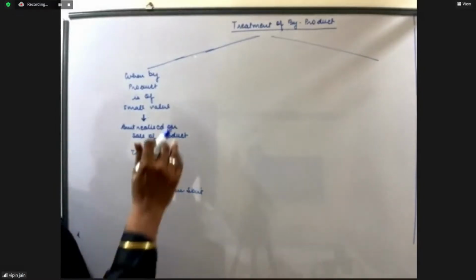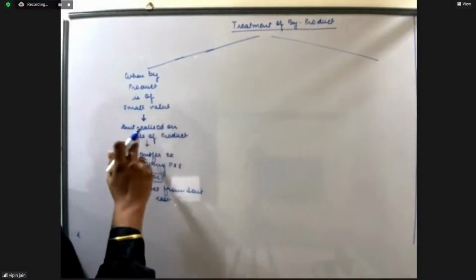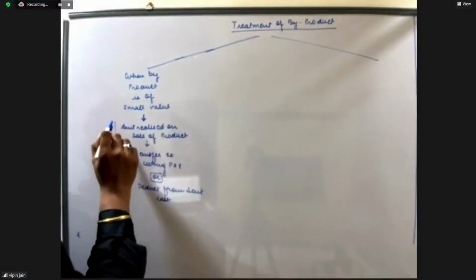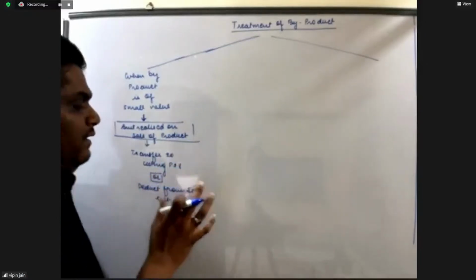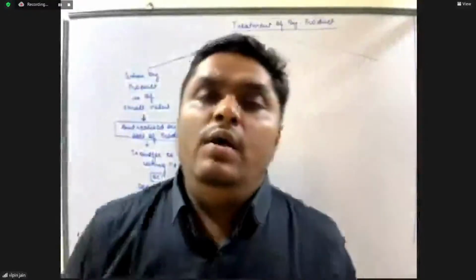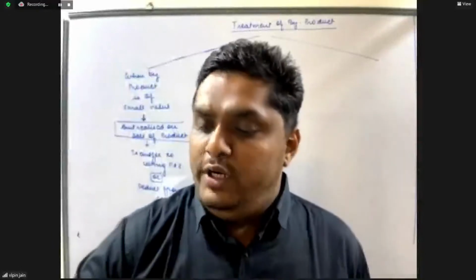So when the byproduct is of very small value, either transfer the amount realized on sale of byproduct to costing P&L or deduct it from the joint cost.